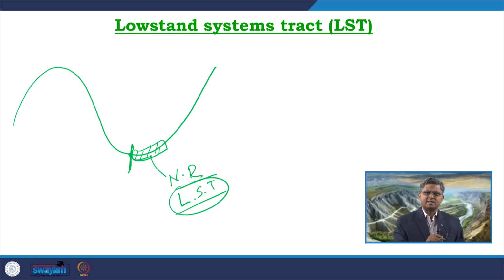In this kind of LST, if this is the LST package forming during this phase of the base level change, then the underlying surface is commonly expected to be the last surface that was present at the end of the forced regression.